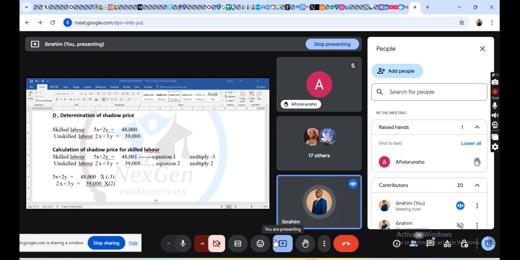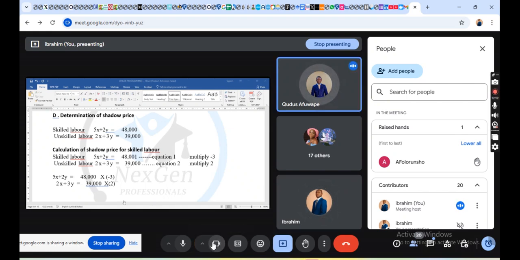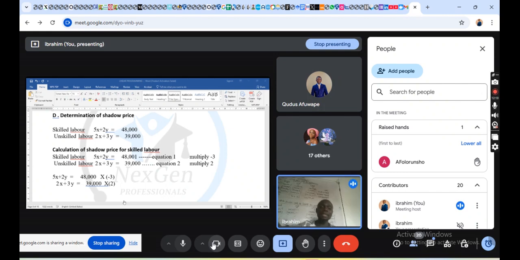Do you understand, Kudus? I want to use the elimination method because I want to have one negative and one positive.